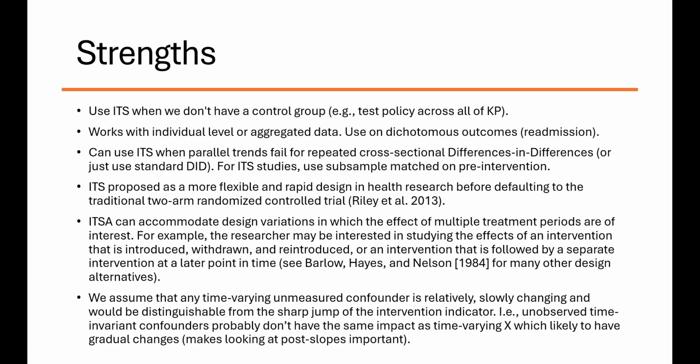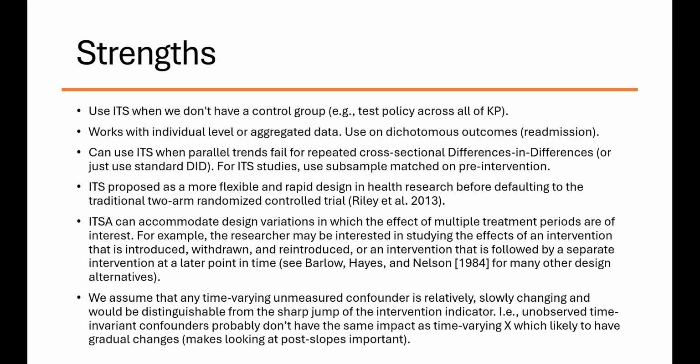And we also assume that any time varying unmeasured confounder is relatively slowly changing and would be distinguishable from the sharp jump in the intervention indicator. In other words, unobserved time invariant confounders probably don't have the same impact as time varying ones, which are likely to have gradual changes. In other words, we really want to focus on our post-intervention slopes.